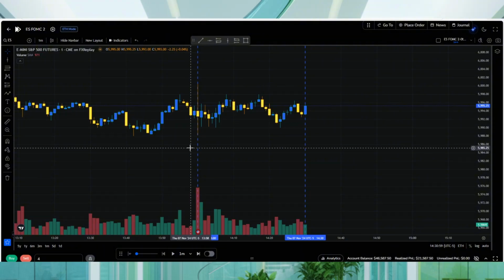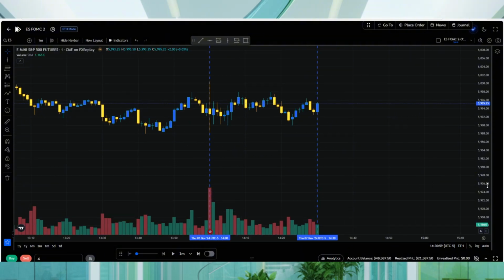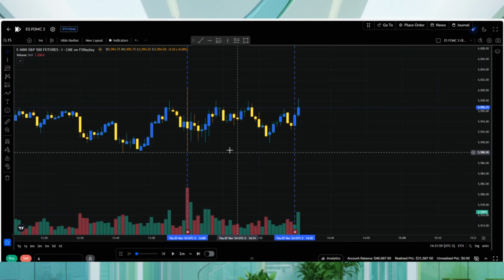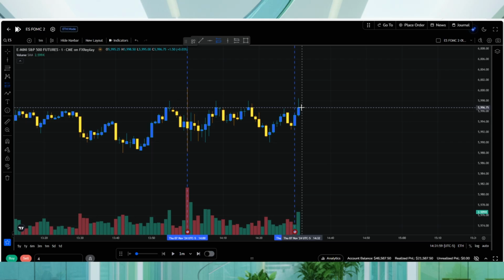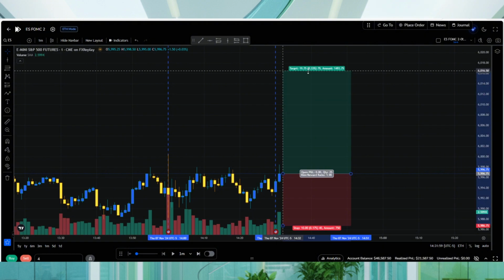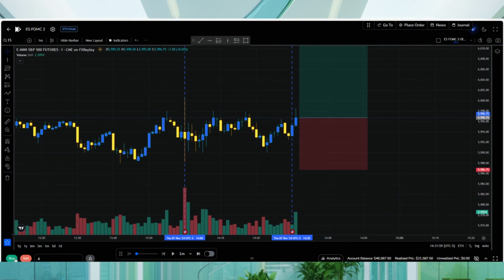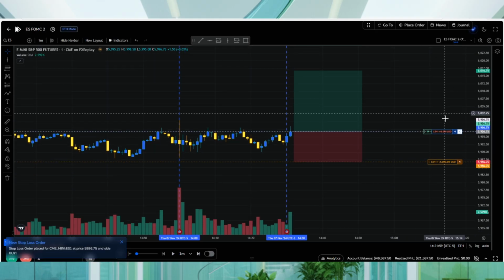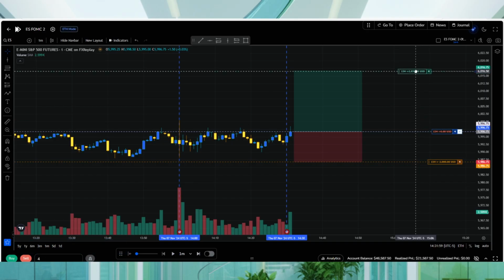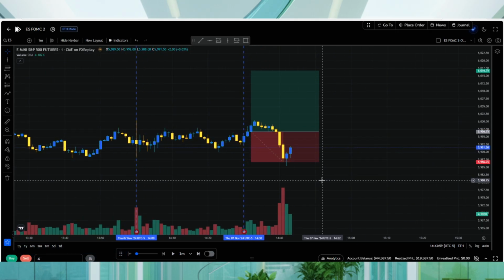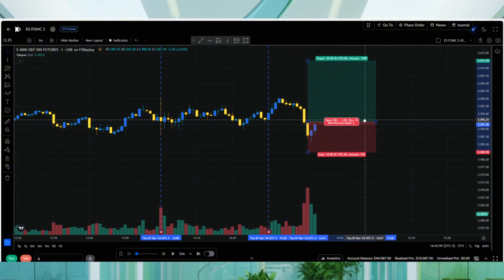Lots of ambiguity in the market, so no idea what to do. It's all within the range. So we might take longs. Let's see if longs work. Right, and we have another opportunity to take longs here.